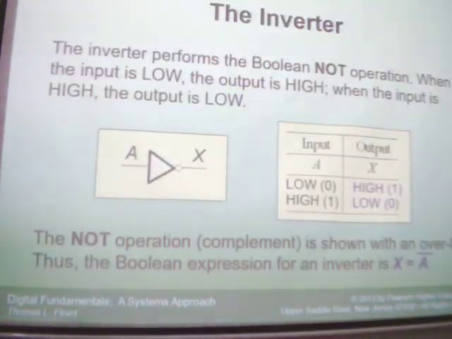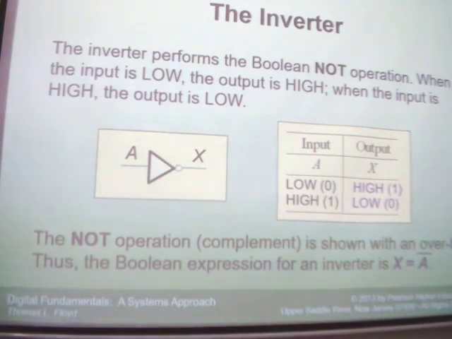Okay, the next, the inverter. We have learned this function in chapter 1. The inverter performs the Boolean NOT operation. When the input is low, the output is high, and when the input is high, the output is low.